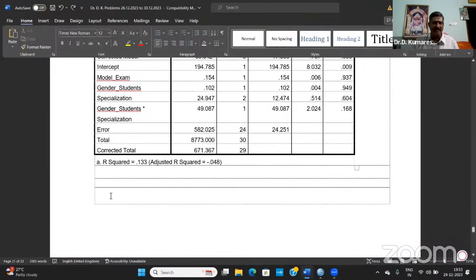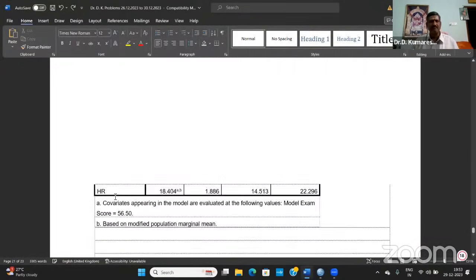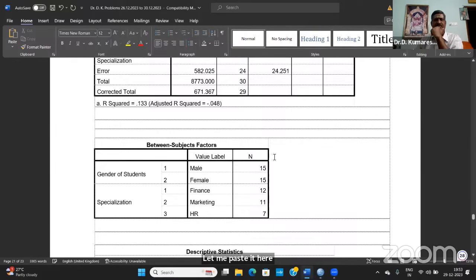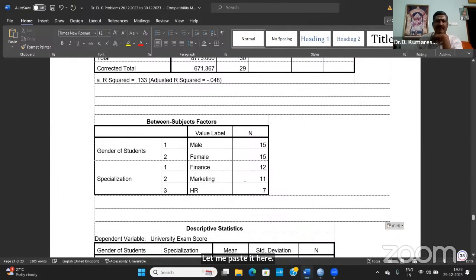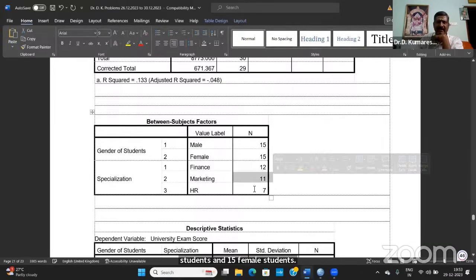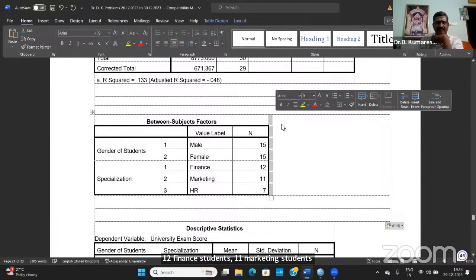Let me paste it here. This first table says that there are 15 male students and 15 female students, 12 finance students, 11 marketing students, and 7 HR students.